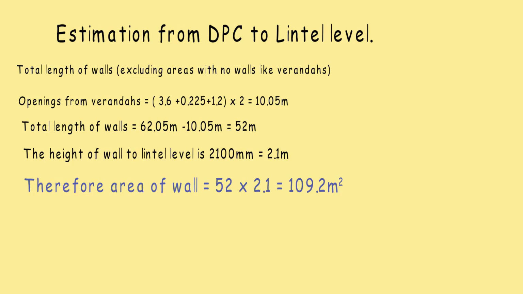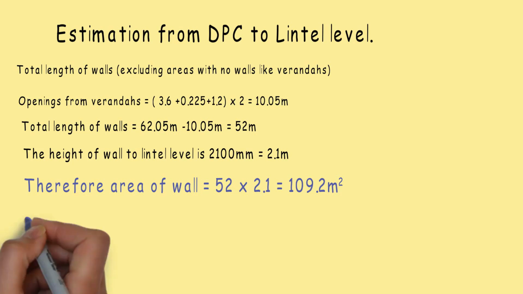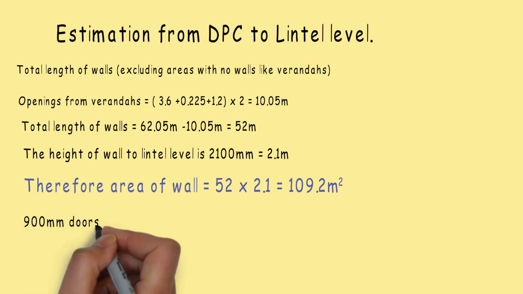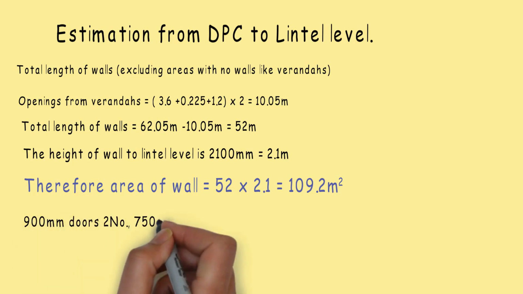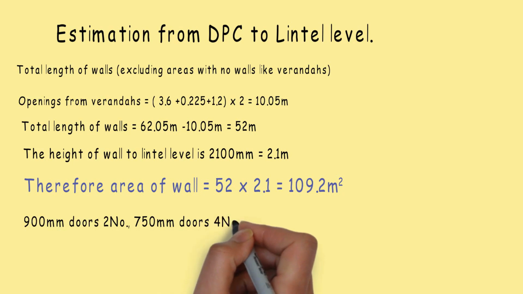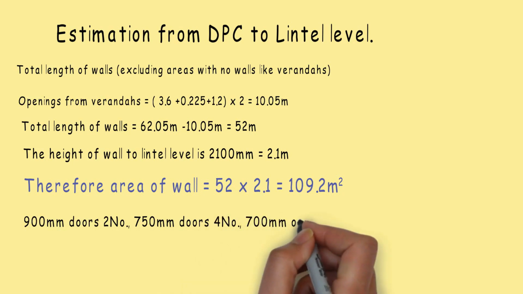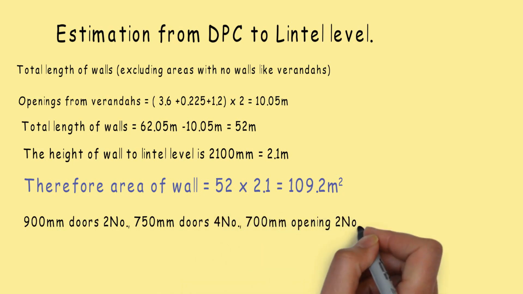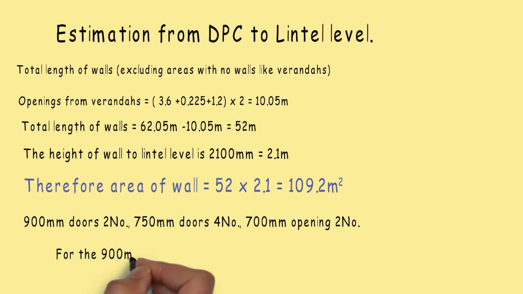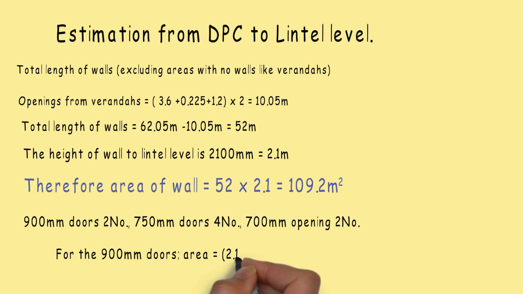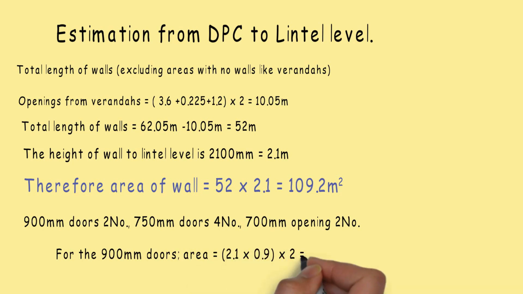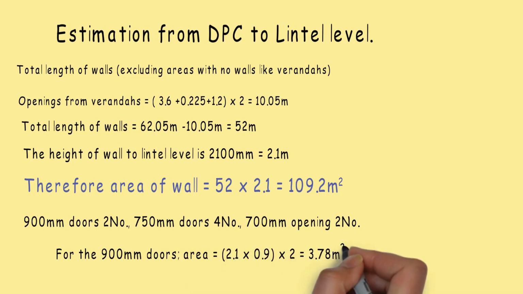Now we will subtract doors and windows openings from this area. We do this by calculating the total area of the windows and also the total area of doors in the building. So let's start with the doors. We have 2 doors of width 900 mm, 4 doors of width 750 mm, and 2 openings of width 700 mm. For the 900 mm doors, area equals 2.1 multiplied by 0.9 multiplied by 2, which will give us 3.78 meters square.